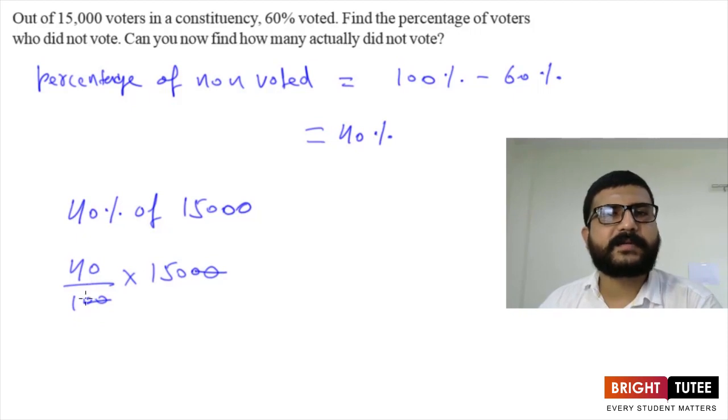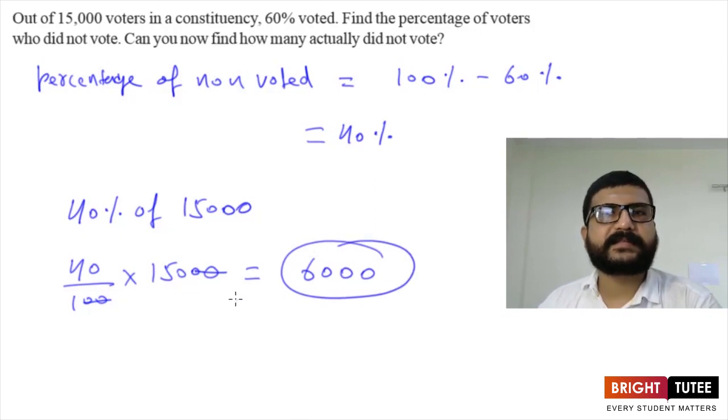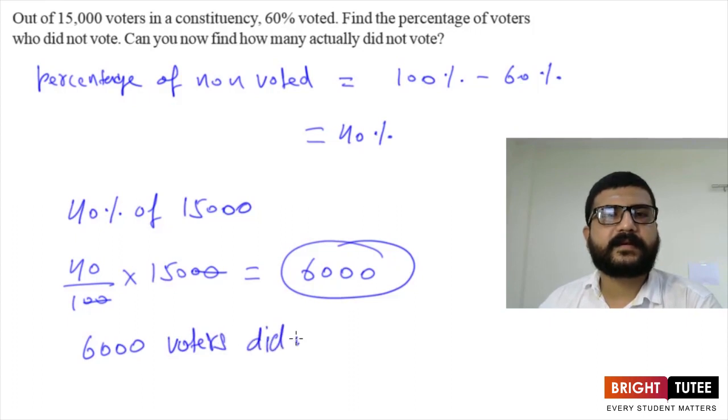Now how to simplify this? 4 into 15 is 60 and we are having two more zeros. So this is 6,000. So it means we can say that 6,000 voters did not vote.